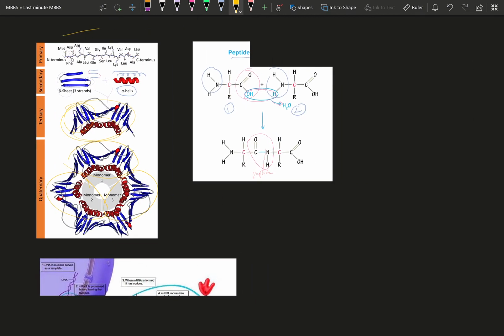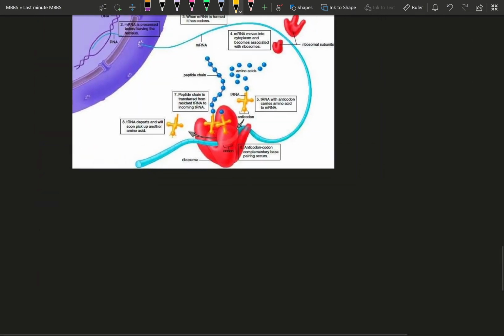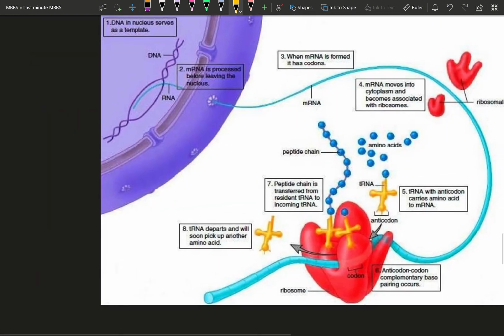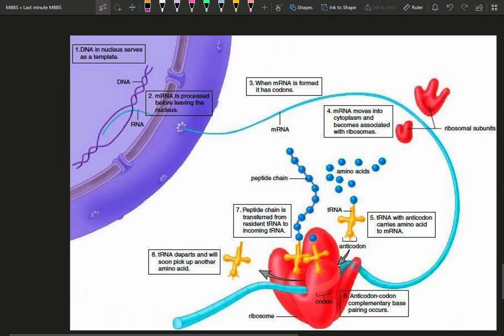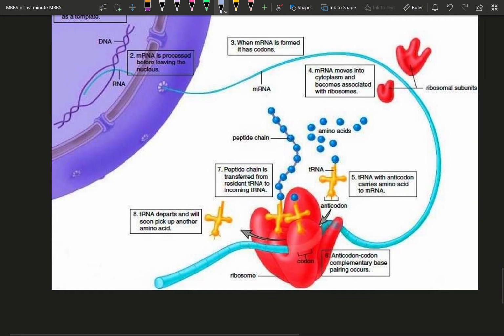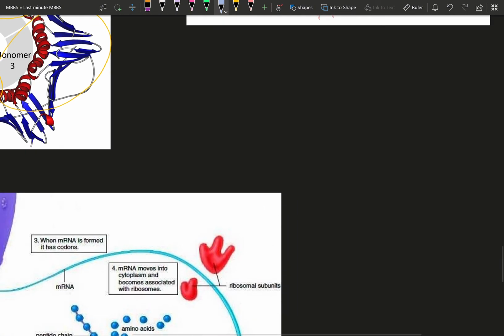So this is the basic of protein formation and folding, and this is a representation of what I was saying. mRNA is processed over here, and then as it passes by, translation takes place and the primary structure is done. After the primary structure is done, the proteins are folded by special proteins called chaperones.